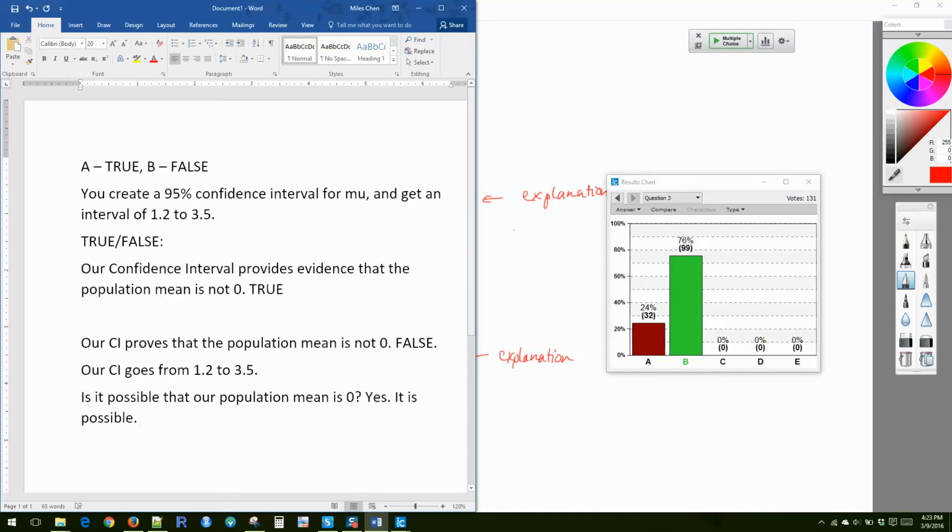And that would mean that the data we observed was an unusual sample. Okay? Because according to the central limit theorem, our samples should produce sample means that are close to the population mean. And if the population mean is 0 and our sample leads us to create this confidence interval of 1.2 to 3.5, then that means the sample we got was very unusual.